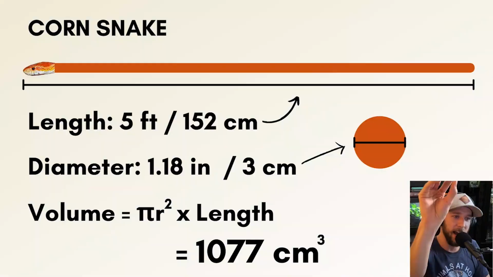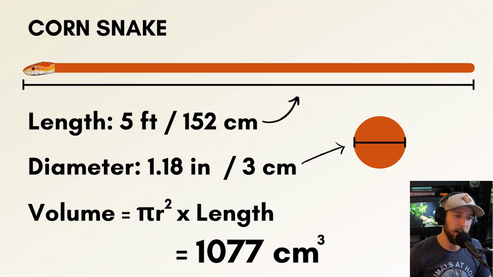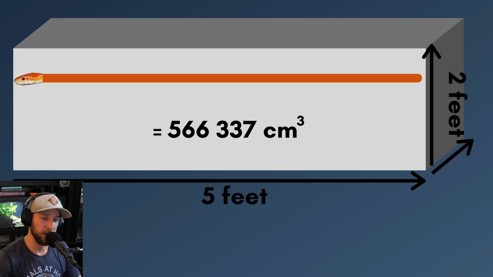So when we figure out the volume of this particular corn snake, when we take pi r squared times the total length, we get 1,077 centimeters cubed. Okay, so let's put this little guy into his enclosure. For the rest of this video, I'm just going to use the full total length of the snake as the minimum enclosure length, just to keep the math very simple and basic. So this is a 5-foot enclosure that's 2 feet tall and 2 feet wide.